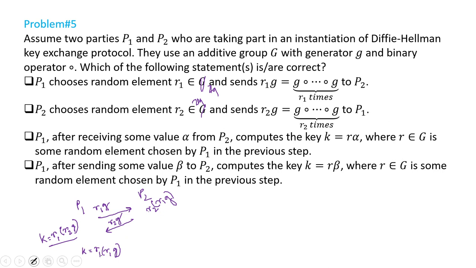But according to the fourth statement, on the P1 side the key becomes r1 square g, and on the P2 side it will become r2 square g, which are never equal, and this cannot be a valid protocol. So yes, third statement is correct, first two are also correct.